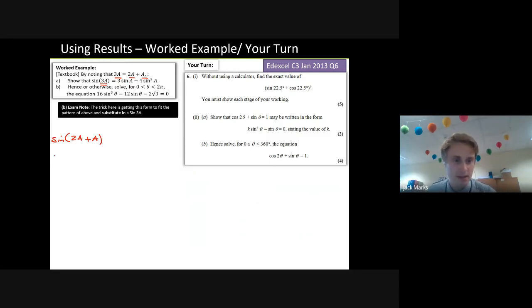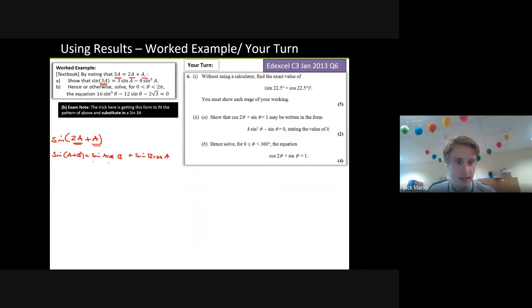So what does the sine addition rule say? It says sine of a plus b equals sine of a cos b plus sine of b cos a. So let's use that. So that would give me my a here. What's in the position of a is actually 2a. And what's in the position of b here is a.